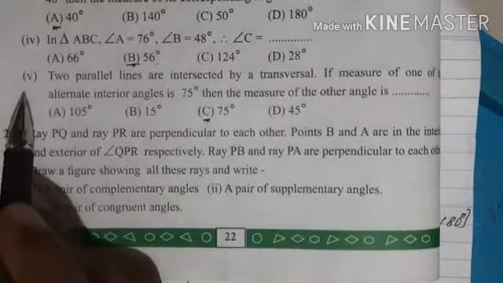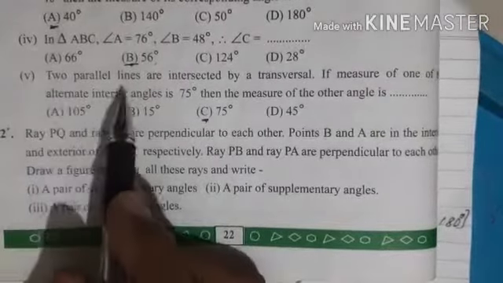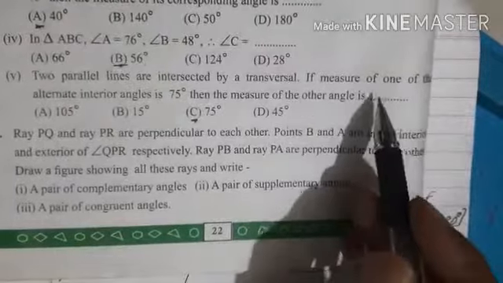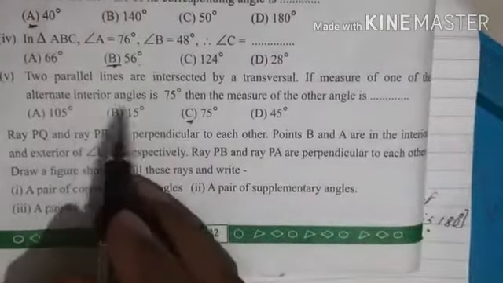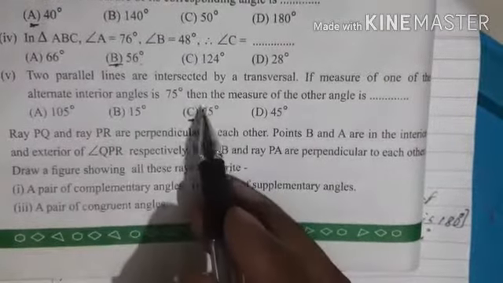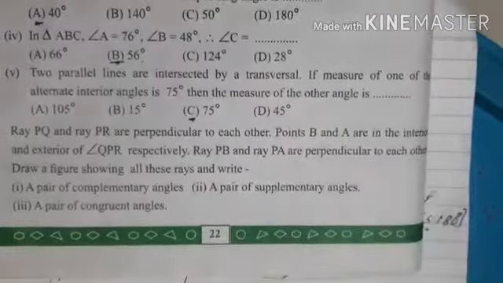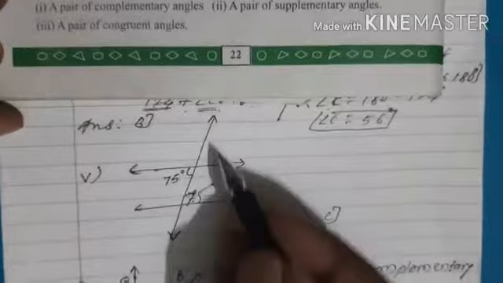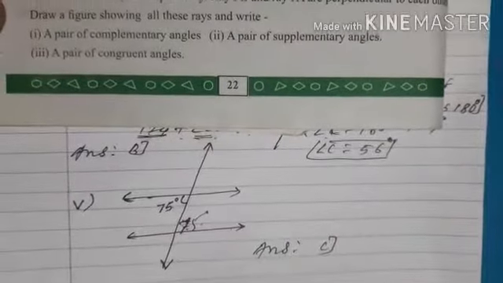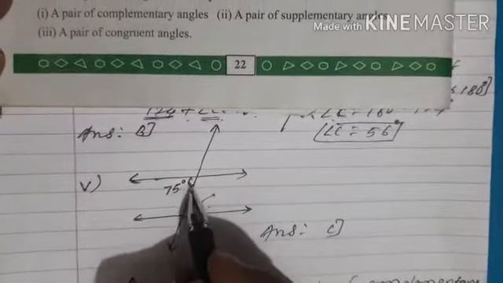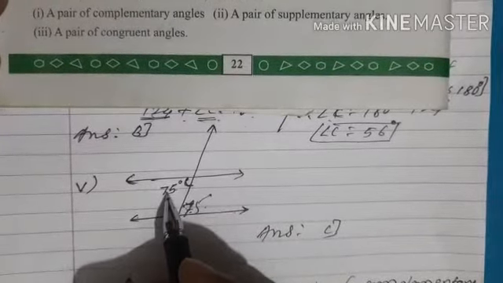Now sub question number 5. Two parallel lines are intersected by a transversal. If measure of one of the alternate interior angle is 75 degree, then the measure of the other angle is dash dash dash. Here I draw the two parallel lines and this is a transversal. The alternate interior angles, one angle, this angle is 75 degree given.